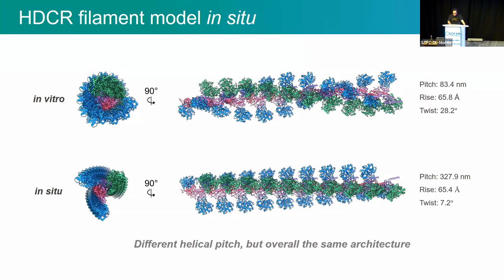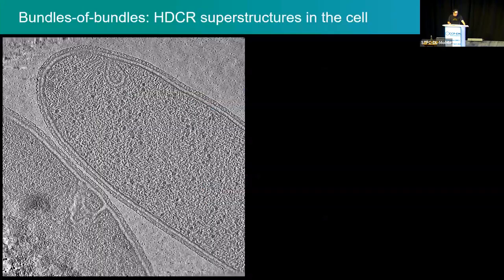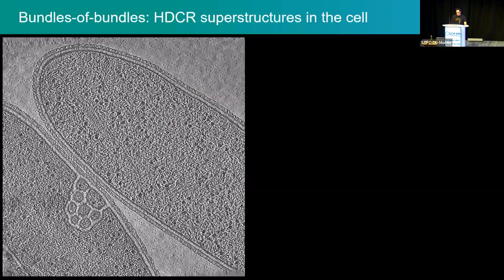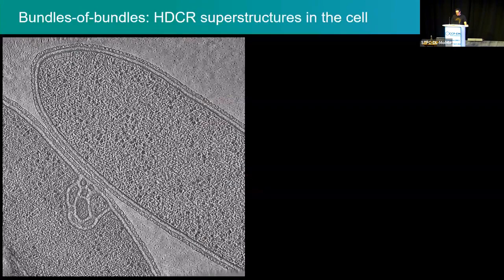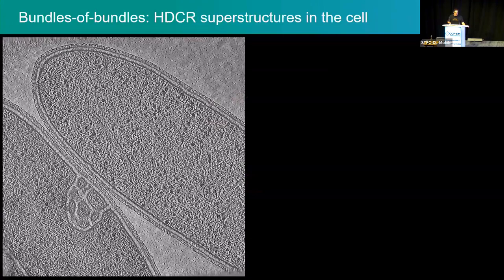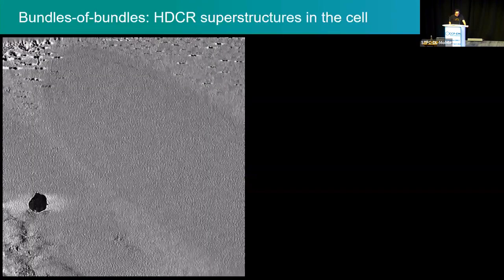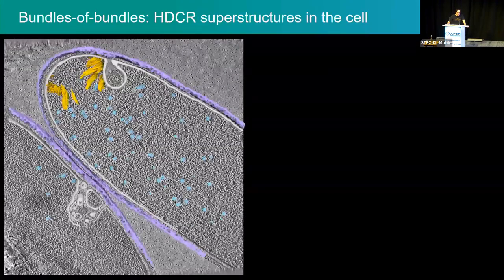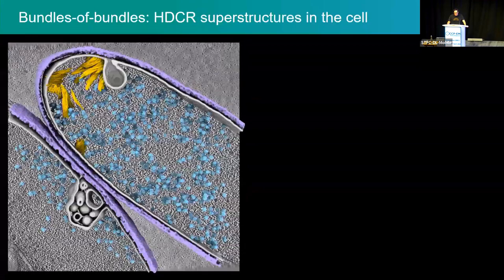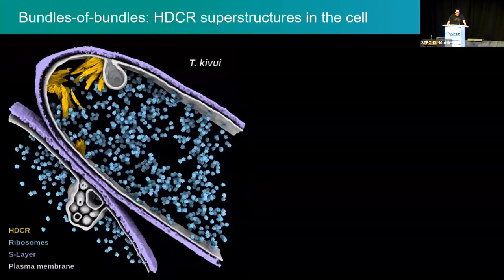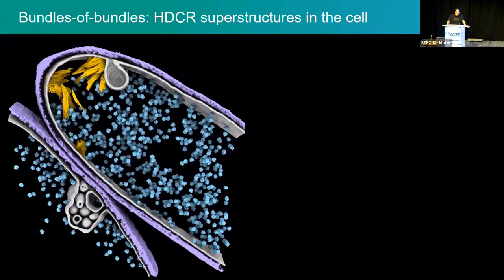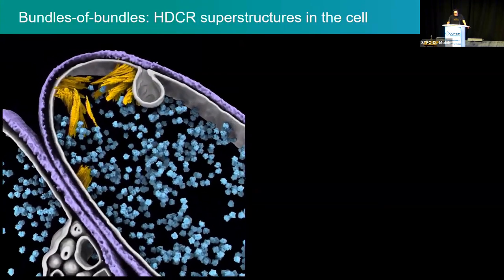And what was very nice as well, when we mapped back the particles into the tomograms, it was quite surprising to see that HDCR forms these large structures attached to the cell membrane, which I'm showing you here in this movie. HDCR is shown in yellow, and in blue we have the ribosomes, which I have also averaged from this bacterium, and we have the S layer in purple and the plasma membrane in gray.